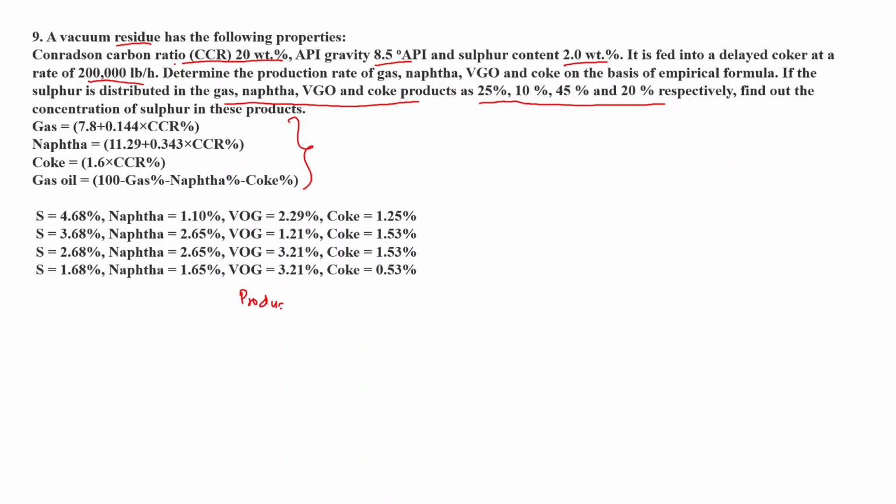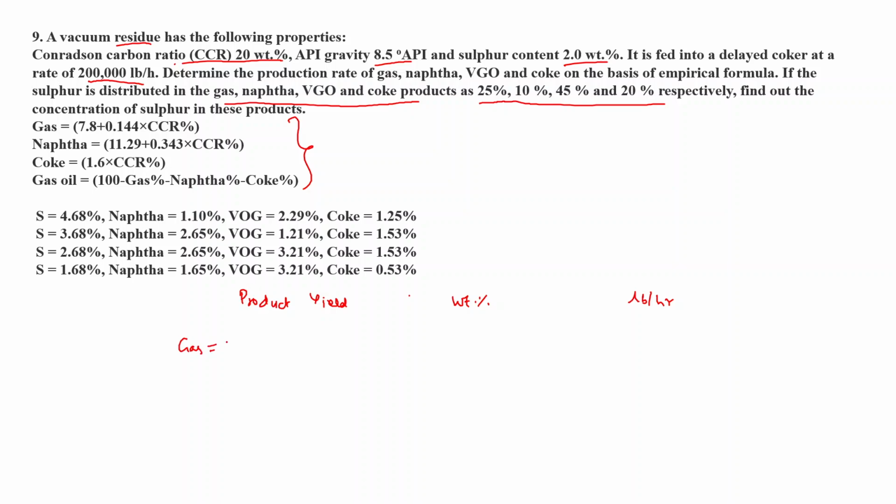Let's make a table: product, yield, then weight percent, and the feed rate.